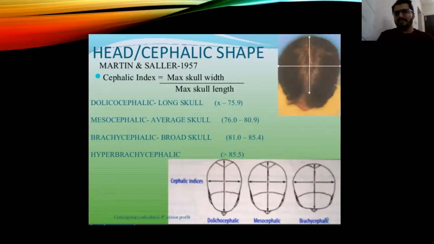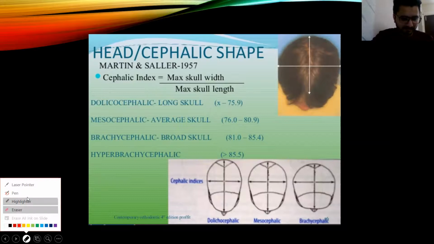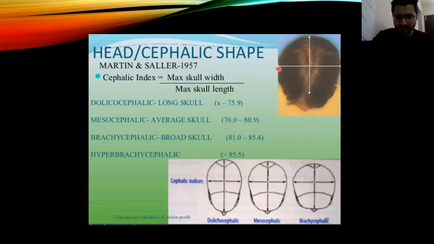Now cephalic index is the reverse of facial index. In cephalic index, the width of your skull is your numerator. The length of the skull will be your denominator. Right? Can you see the pointer? Your width is in the numerator, length is in the denominator.